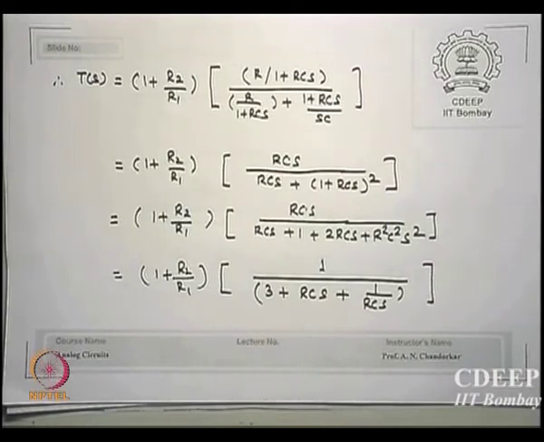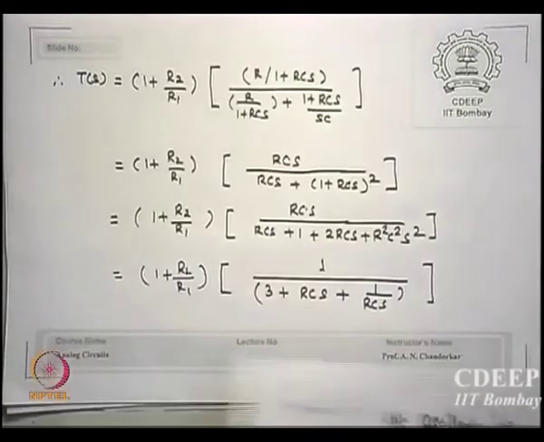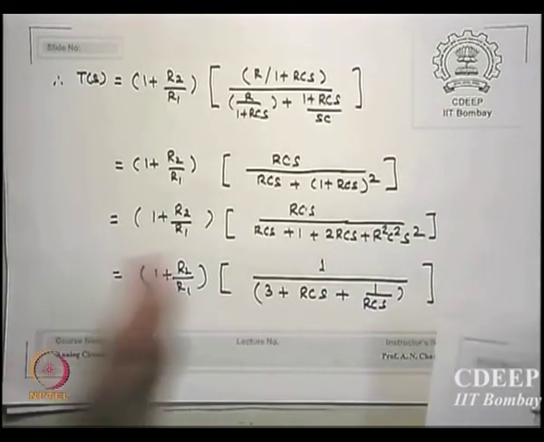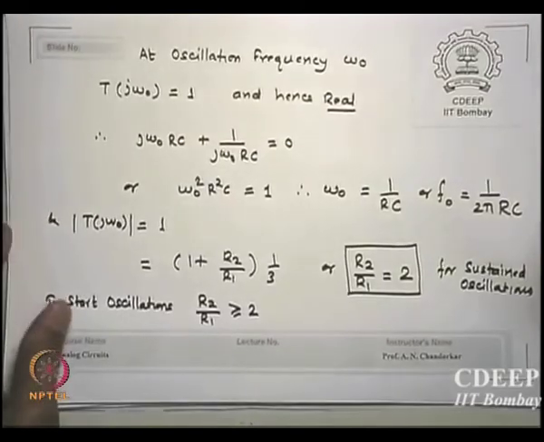Then what do I do? Calculate T(j omega) and then make the imaginary quantity 0, and the magnitude at that frequency where this is 0, I get T(j omega 0) is unity and for both of them. That's what I did. Okay. There is nothing really great I did. All that I did was substitute and get the value.